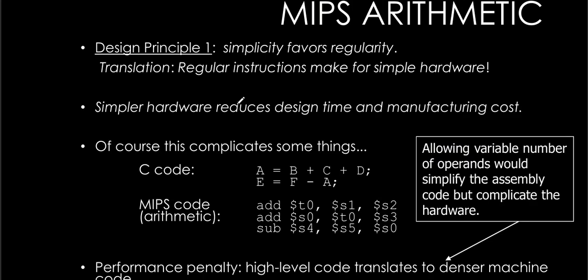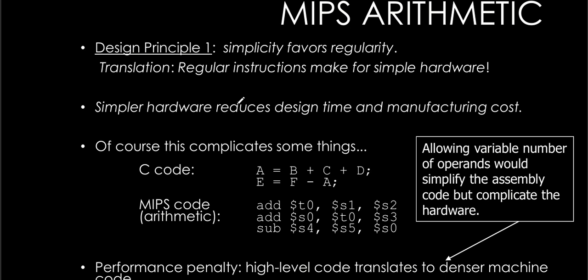Now, as we go about, you may realize that the whole point of this course is actually to introduce you to design principles. One major design principle is simplicity favors regularity, in the sense that if you have a very simple format, then you are more likely to get simple hardware, and you get regular instructions.